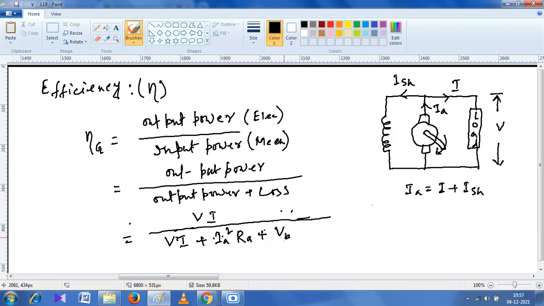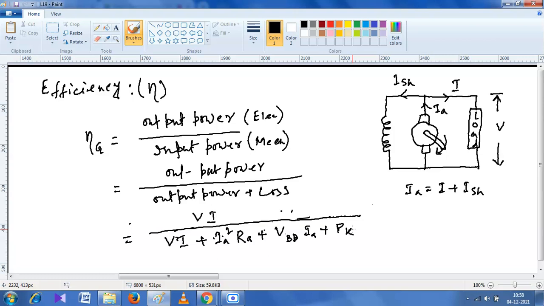Suppose VD is the brush voltage drop and IA is the armature current which is passing through the brushes. So these two losses, the copper loss and the brush voltage loss, depend on the armature current.